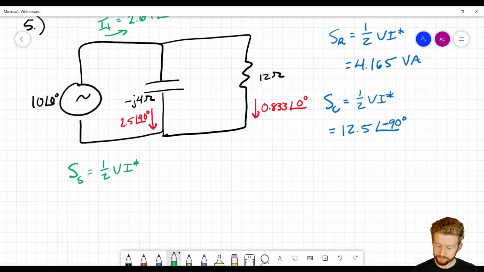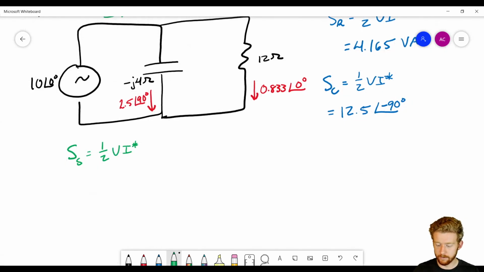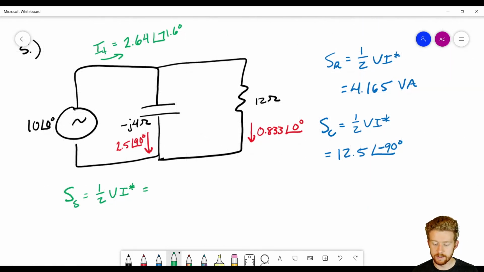Okay. So the power that's being supplied by the source is going to be equal to 1/2 times V, which is 10 angle 0, times I conjugate. So I, in this case, is going to be 2.64 angle conjugate, so we're doing negative 71.6.